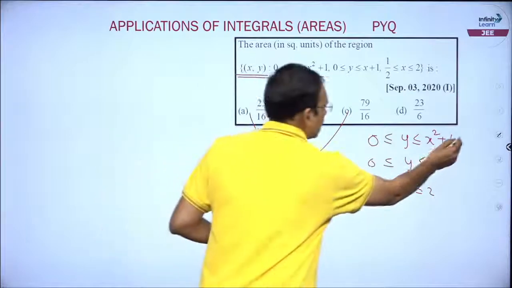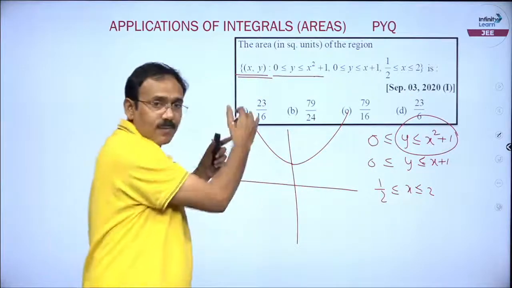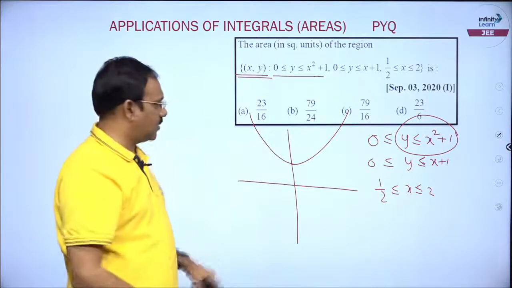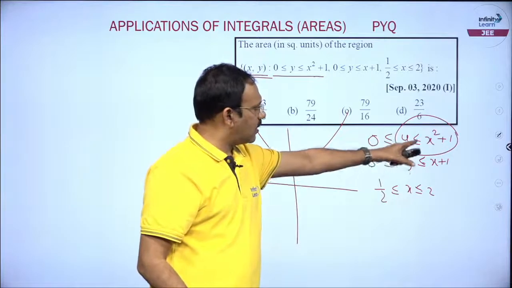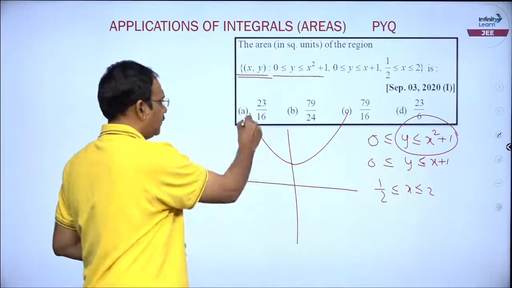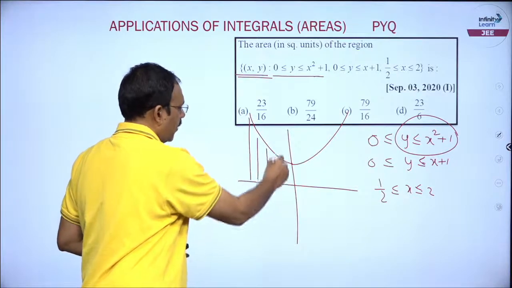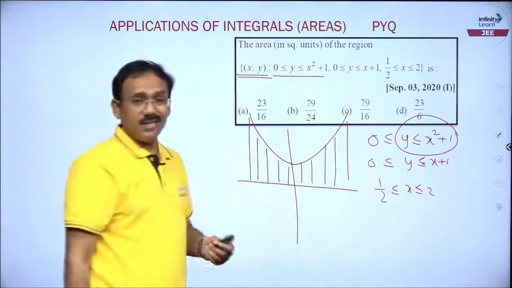Am I going to take interior points of the parabola or exterior points? Give a testing point (0, 0): 0 less than or equal to 1, correct. That means we are taking the down part. You can just take the below part of this parabola, friends, because I have given a testing point.